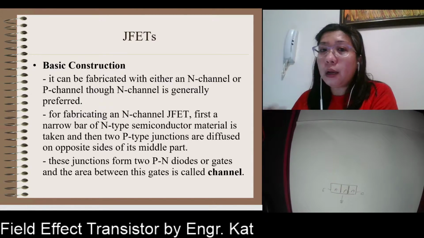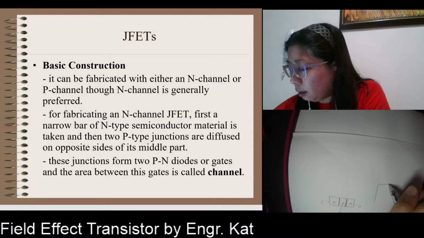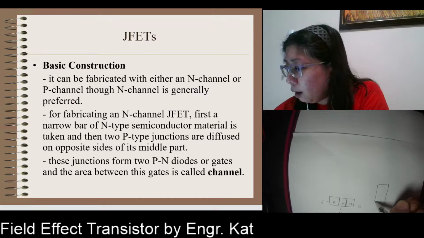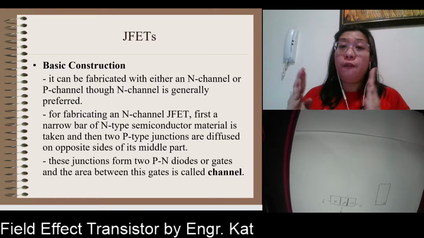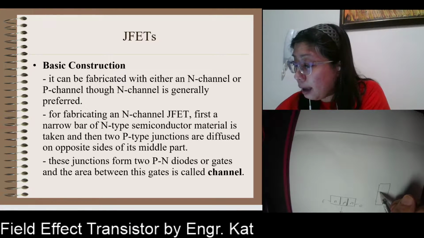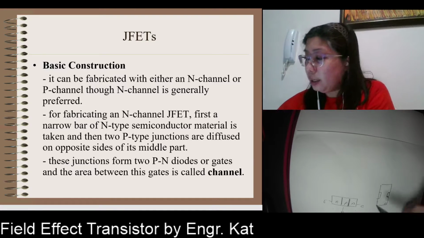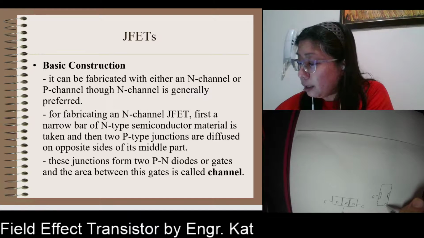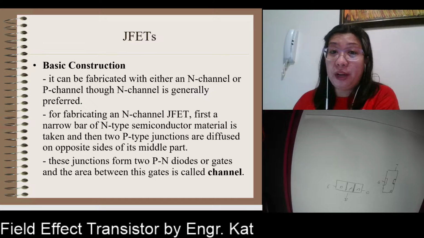For the JFET, what we have here is a strip of an N material, and then we diffused a P-type material on the sides. So this is now your gate and this is now your N channel. Okay, so that is the difference.